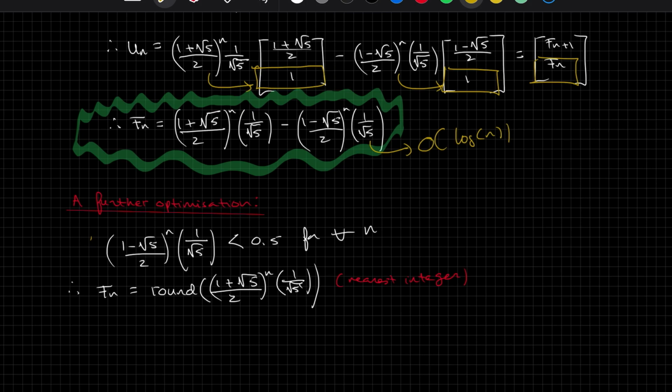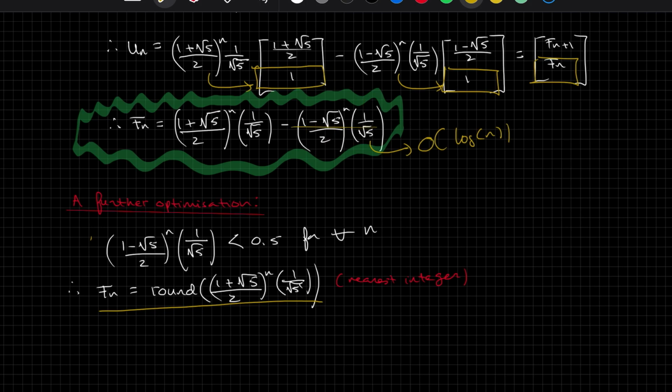For example, if you have 2.3, if we subtract a number less than 0.5, we can be certain that we're never going to change what it rounds to. Let's say 2.3 minus 0.5, that's going to give us 1.8. That still rounds to 2. Either way, it rounds to 2. So subtracting 0.5 is never going to change the result. So we can do this further optimization of just doing round and then dropping the second term here.